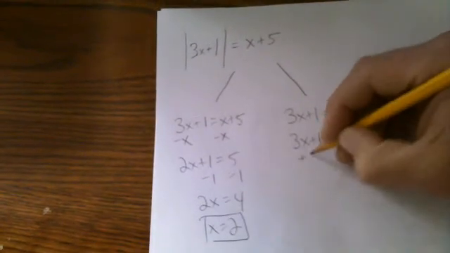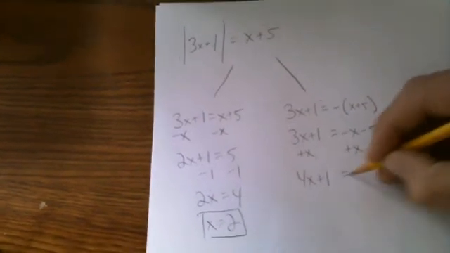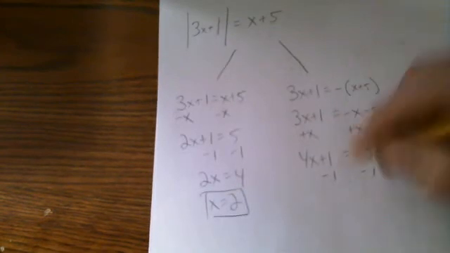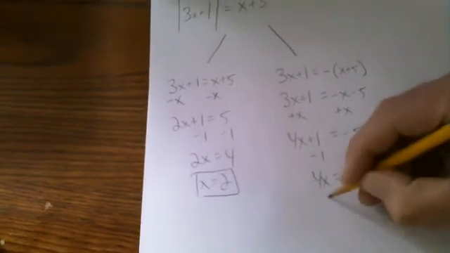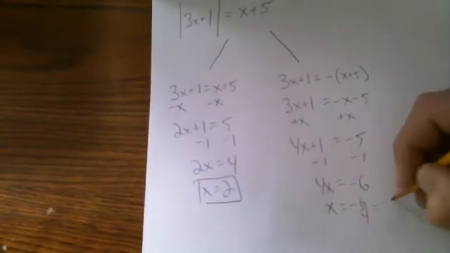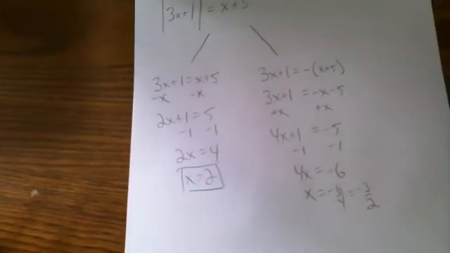Now let's add x to both sides. 4x plus 1 equals negative 5. Subtract 1 from both sides. 4x equals negative 6. Divide by 4. X equals negative 6 over 4, or reduce to negative 3 over 2.